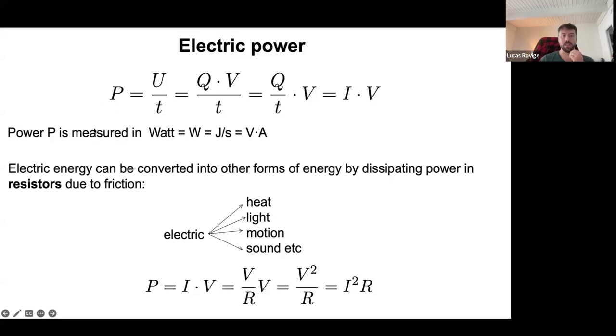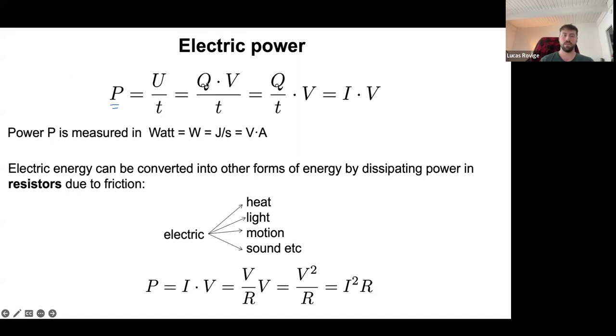So for electricity, we usually use the quantity that's the power, which is an energy per unit time. And so the power of an electric system is going to be the potential energy of our system divided by the time.